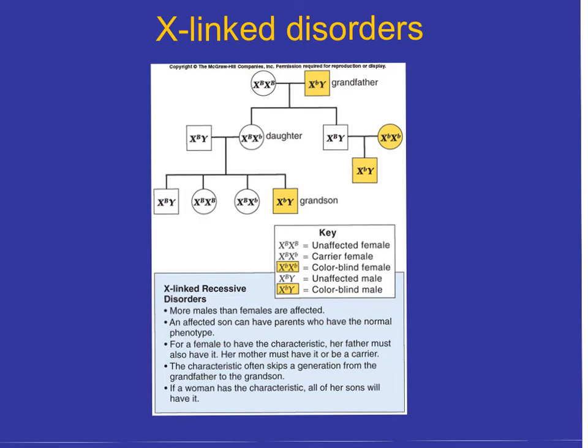Let's say it's color blindness, because we're using the capital B, lowercase b. Anyone in yellow has color blindness, and anyone in white is either normal or a carrier. As you can see, males inherit the trait more often than females.